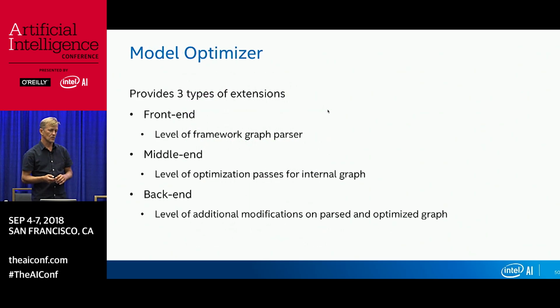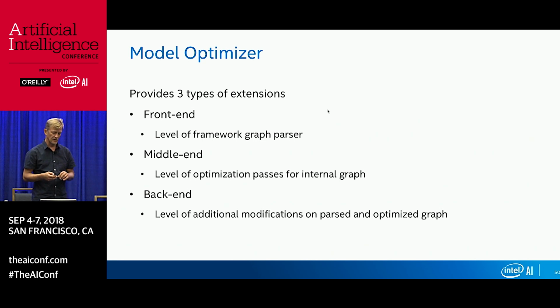For the model optimizer, it provides three types of extensions on, let's say, all levels. The front extension will be used on the level of framework parsing and interpreting, when the model optimizer is taking a framework model and converting it into an internal representation.